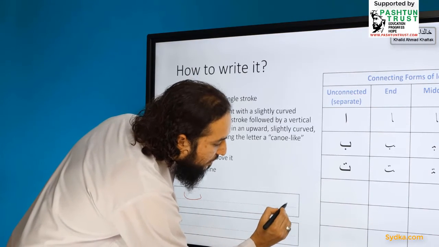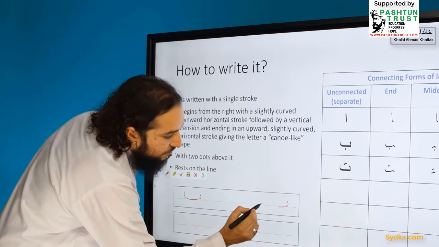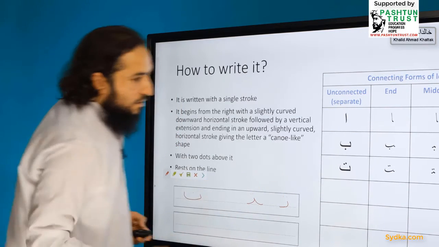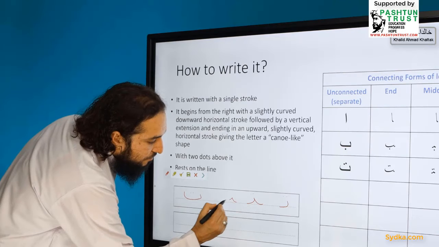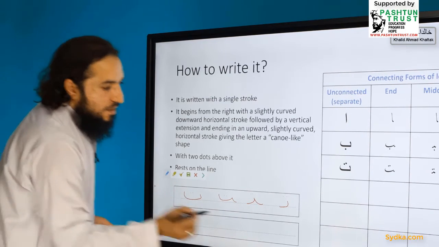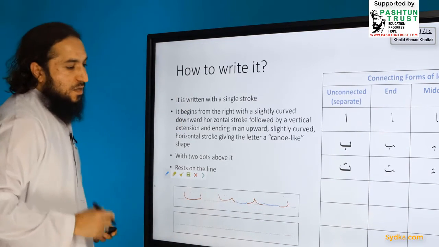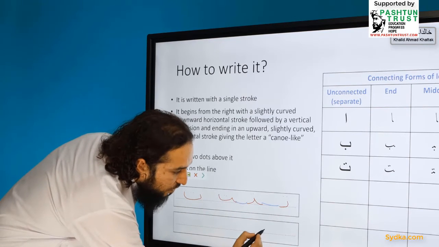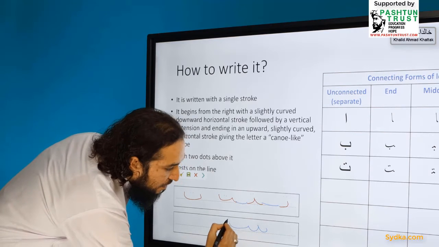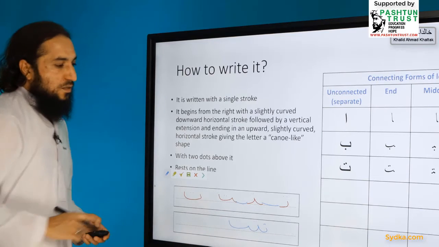If it's written in the beginning, okay. If it's in the middle, okay, and if it is at the end. Okay, can we connect them? Yes. If you see here, you can connect this one here, this one there. So if we make one word from it, now you can connect it like this.